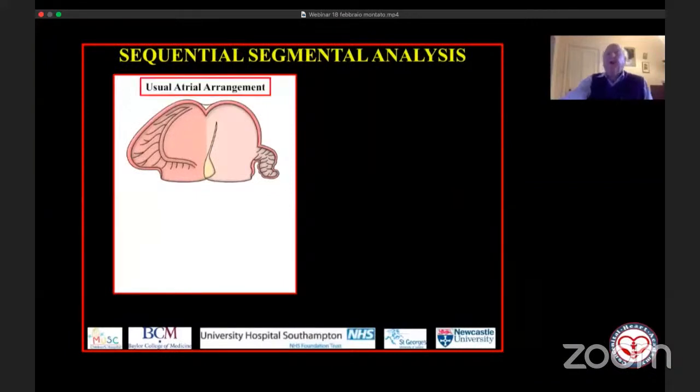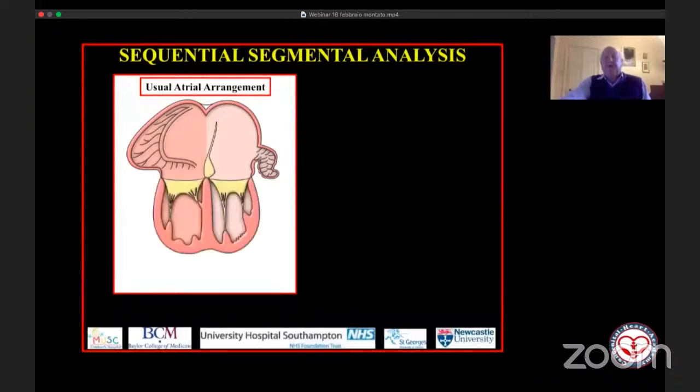So let's look at the most obvious pattern. That is what we find when we have the usual arrangement of the atrial appendages. There you see the pectinated wall going to the crux on the right side, smooth vestibule on the left side. In this setting, almost always, the morphologically right atrium is connected to the morphologically right ventricle, the morphologically left atrium to the morphologically left ventricle.